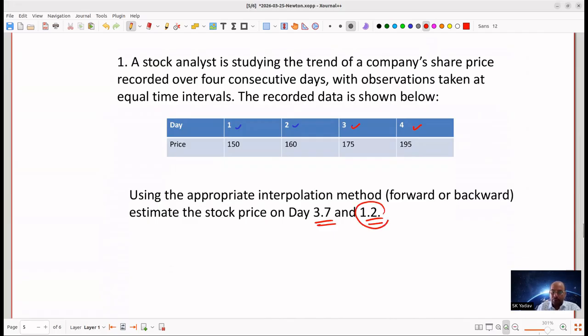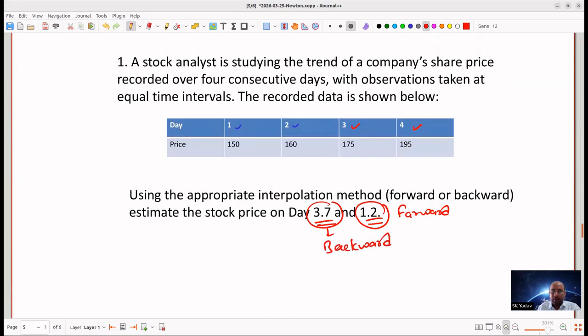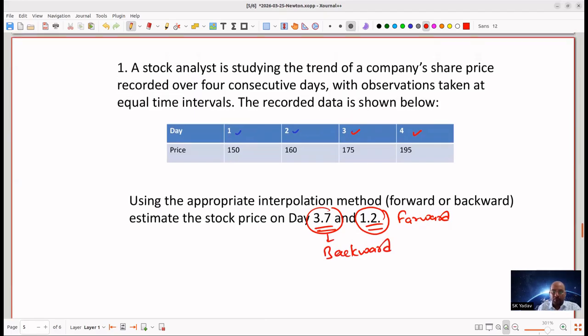Generally 1.2 lies near the beginning, so we have to use forward here, and 3.7 lies at the end, so we have to use backward for this. I hope you understand the Newton forward and Newton backward interpolation formulas, and you apply the concept in this particular problem and solve this by yourself.